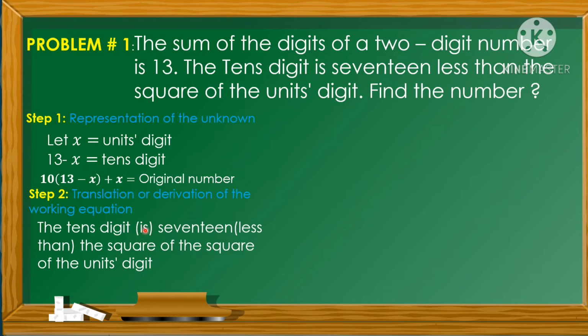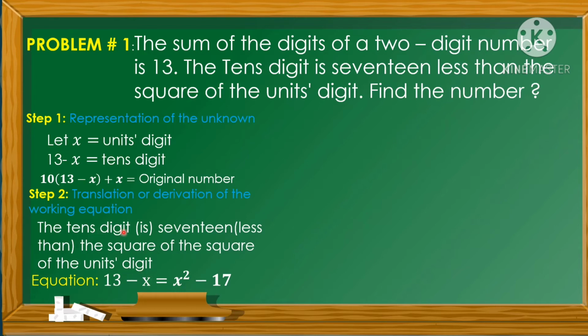Yung "is" ay katumbas siya ng equal. You have 17 less than the square of the units. Pag translate mo itong 17 less than the square of the units, sabi yung units, square mo, then minus 17. Okay? So, kaya ang magiging result niya ay 13 minus x equals x squared minus 17.